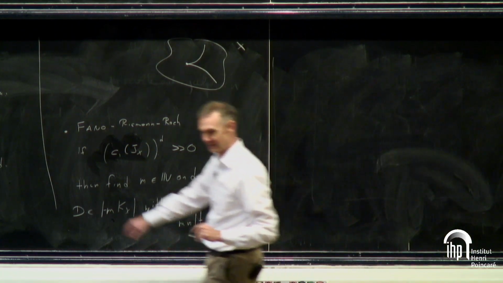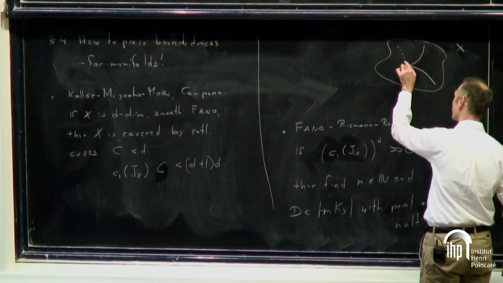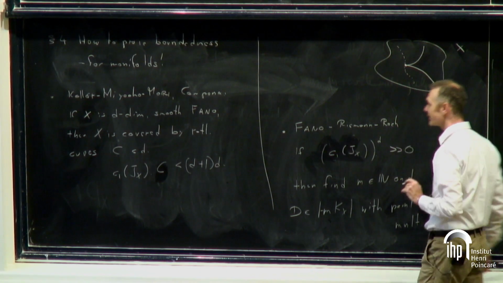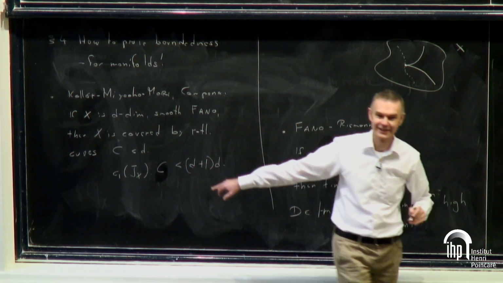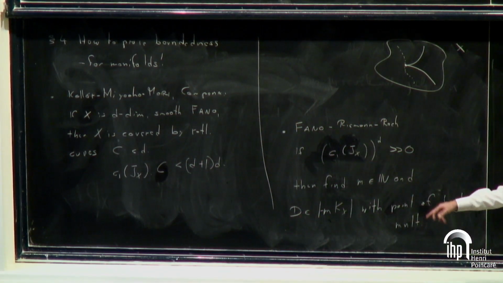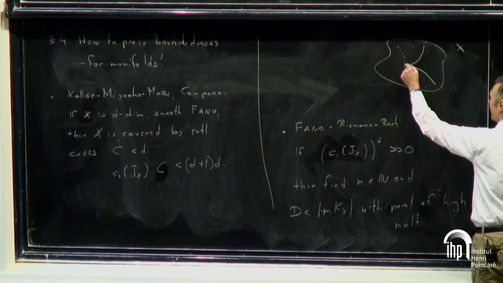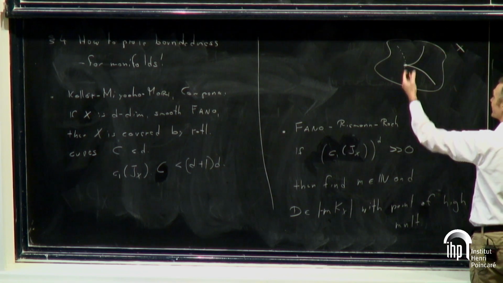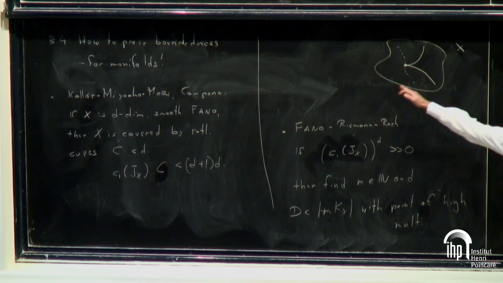On the other hand, Kollár, Miyaoka and Mori give me lots of rational curves whose intersection number with the first Chern class is not so big. So these two things play off one against the other. This says here it needs to be big because when I have a very singular surface and the curve passes through the singularity, then the intersection number is at least the multiplicity.